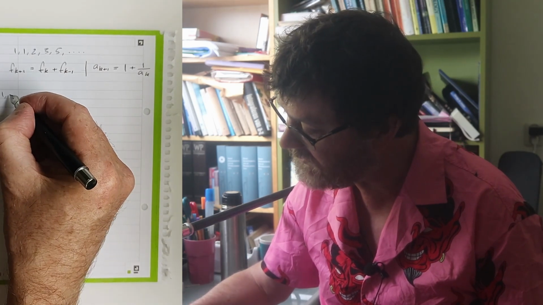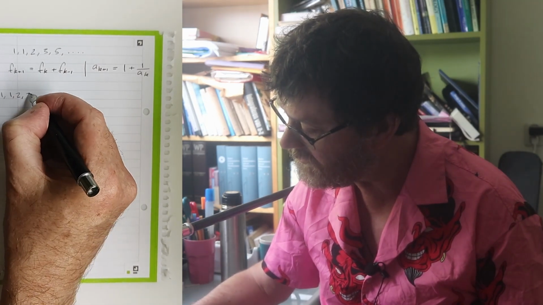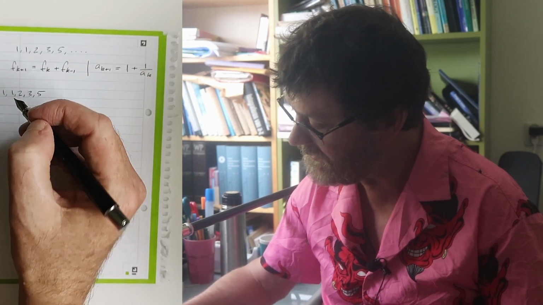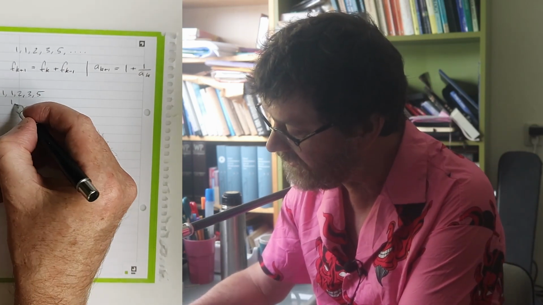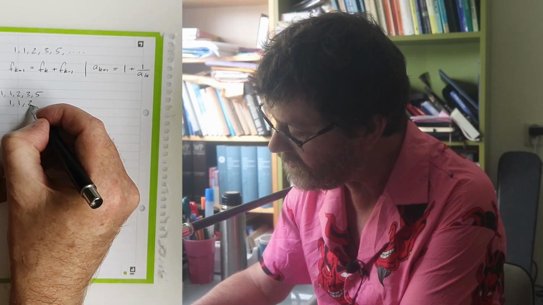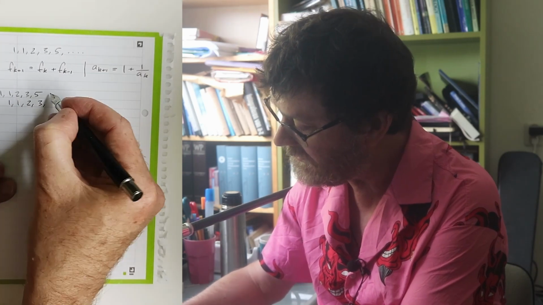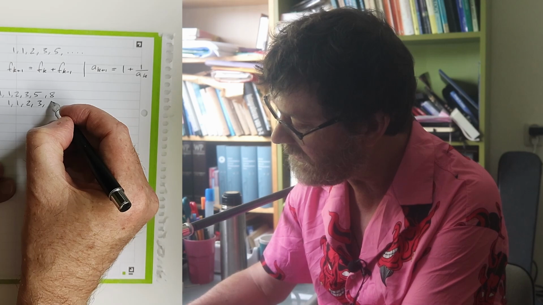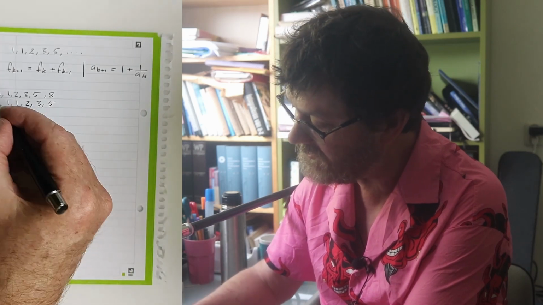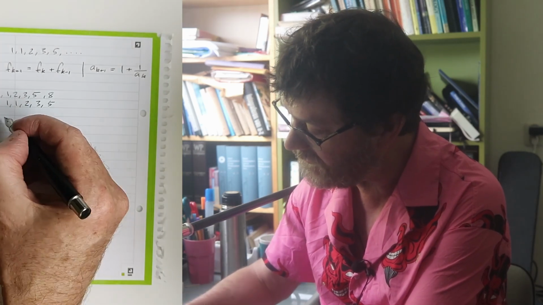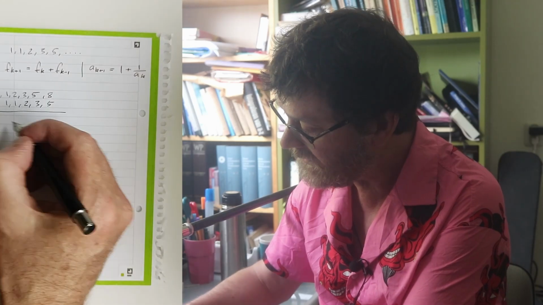Let's write out the Fibonacci numbers again. 1, 1, 2, 3, 5, and then let's stagger them. 1, 1, 2, 3, let's put one more line in, and 5, and then look at the ratios of successive terms. I've done it like this so that you can see how it's going to go.